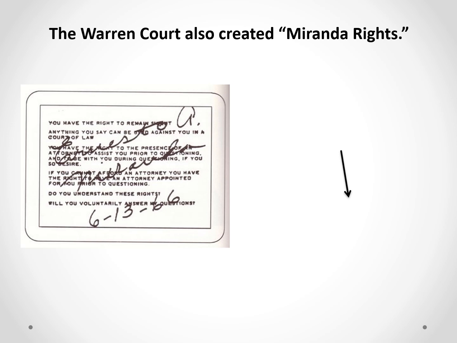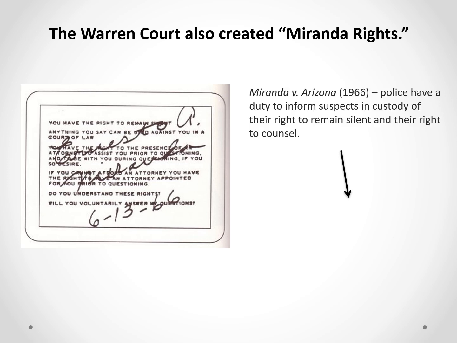The case went up to the Supreme Court, and Chief Justice Earl Warren liked that argument. He said, you know what? Not only do criminals have the right to remain silent and the right to an attorney, they also have the right to be informed and told about these rights. That was the decision.